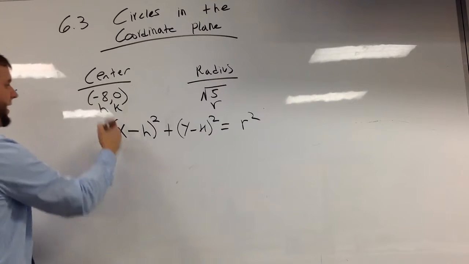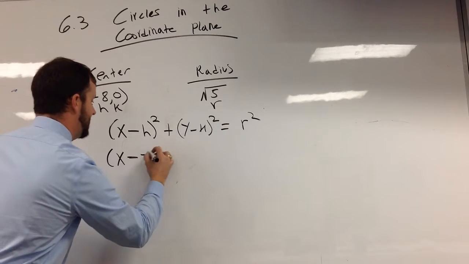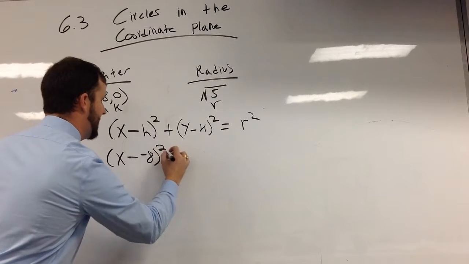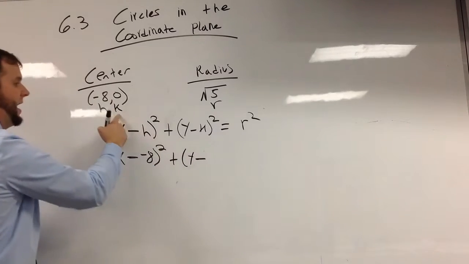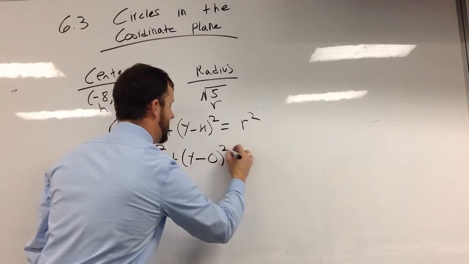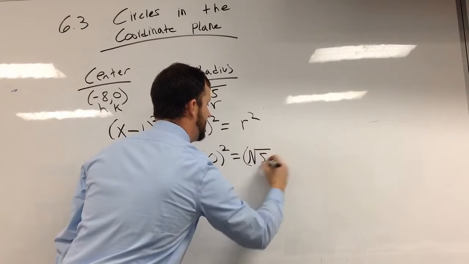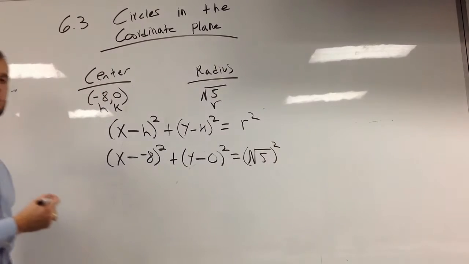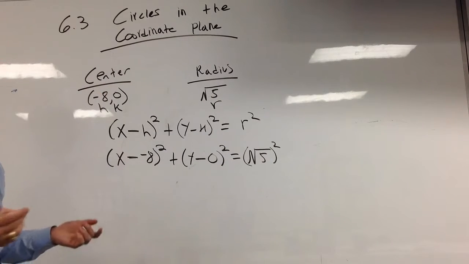So h is negative 8, so I do x minus negative 8, squared, plus y minus k, which is 0, squared, is equal to square root of 5. I don't put this in parentheses because it's going to change here. I'm going to leave that like this, but simplify it real quick.